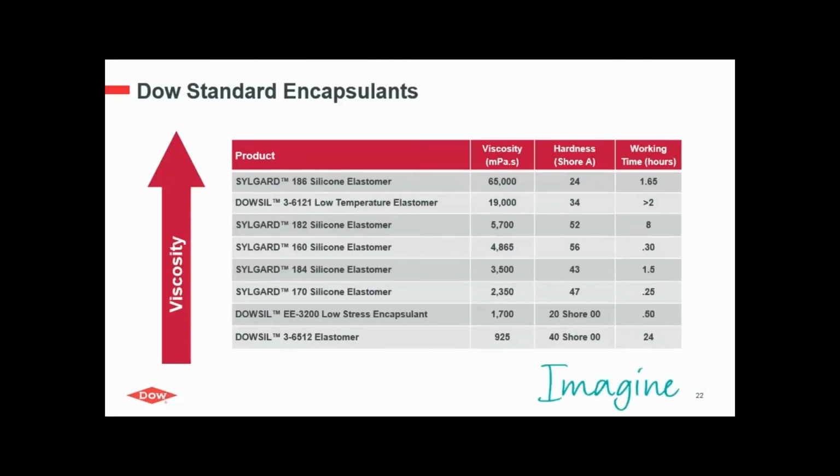DOWSIL standard encapsulation materials offer a really broad range, from very low viscosity to higher viscosity, and from very low hardness to higher hardness. The selection of those encapsulants depends on the final application requirements.